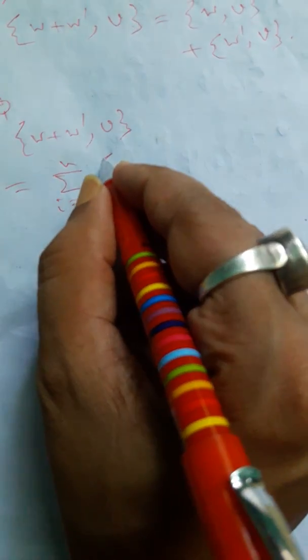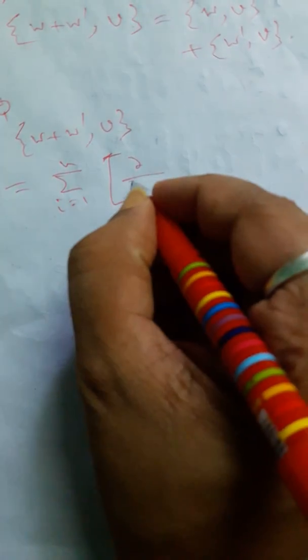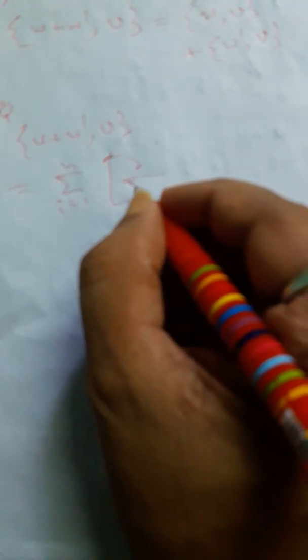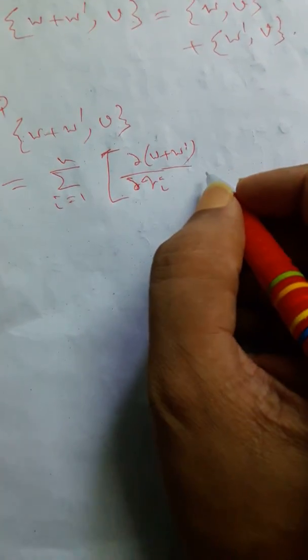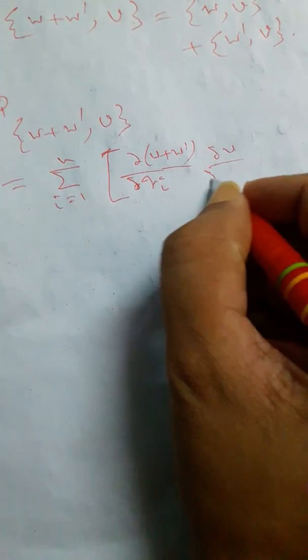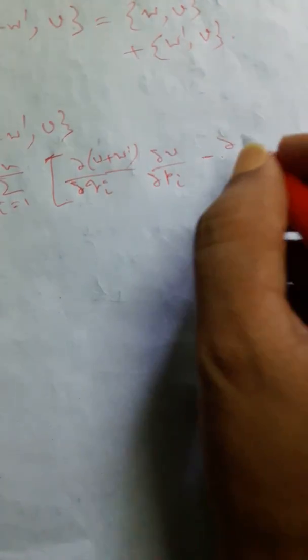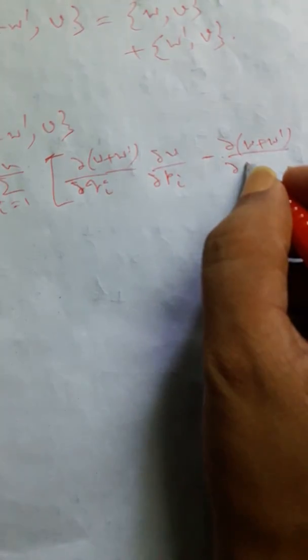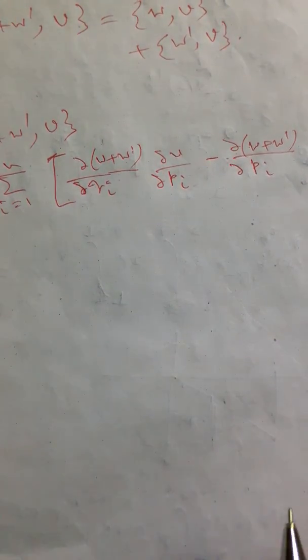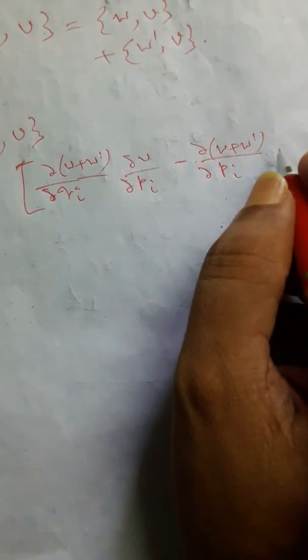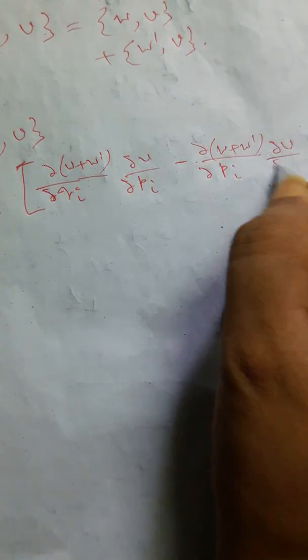By the definition of the Poisson bracket, del of w plus w dash with respect to del q i, del v with respect to del p i, minus del of w plus w dash with respect to del p i, and del v with respect to del q i.